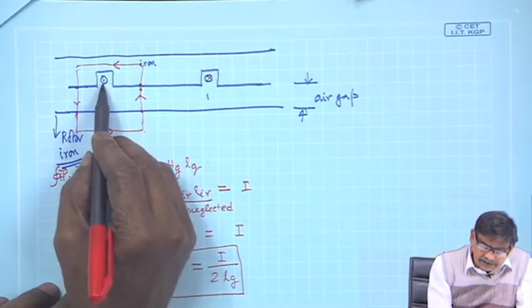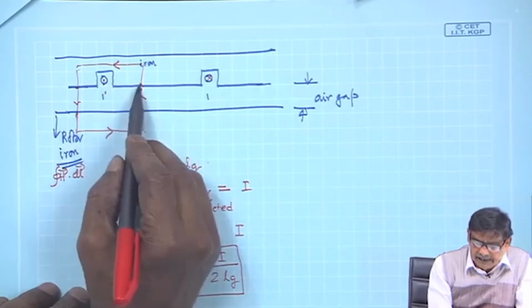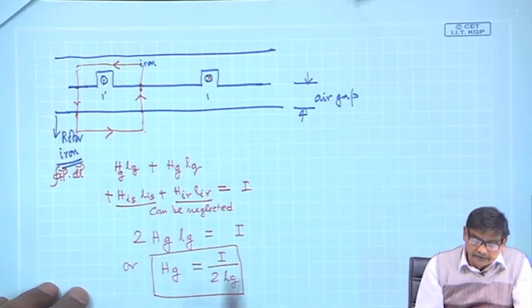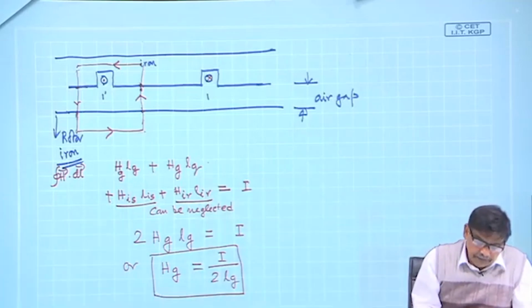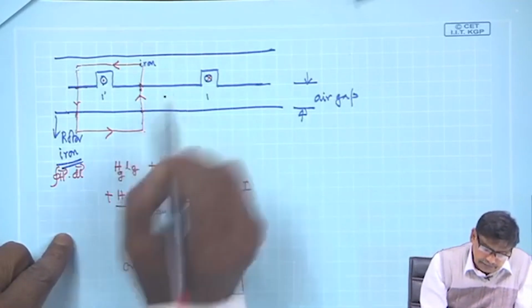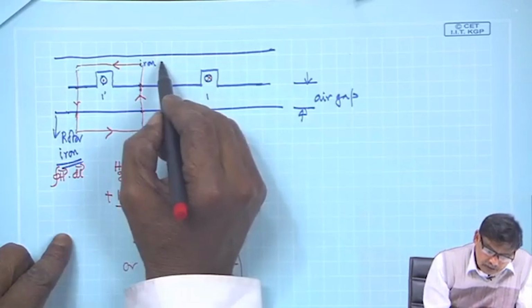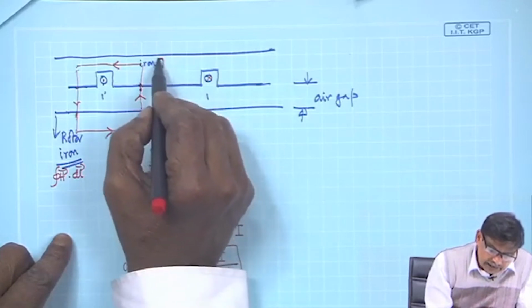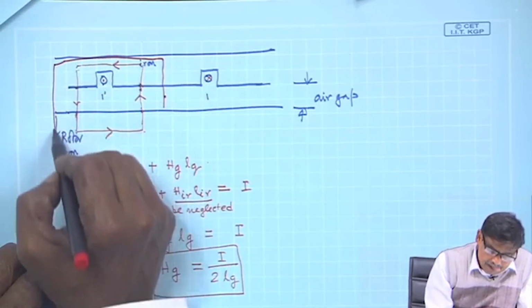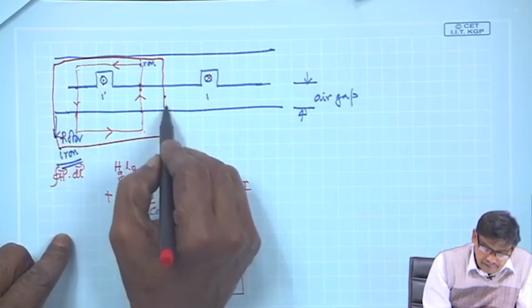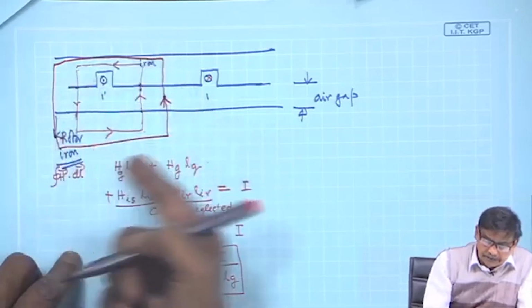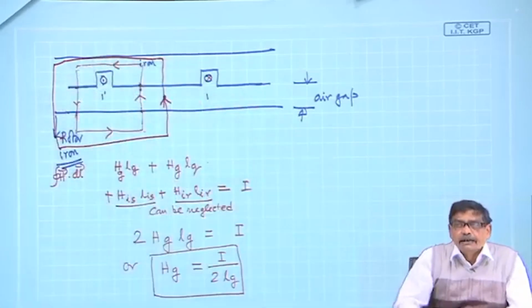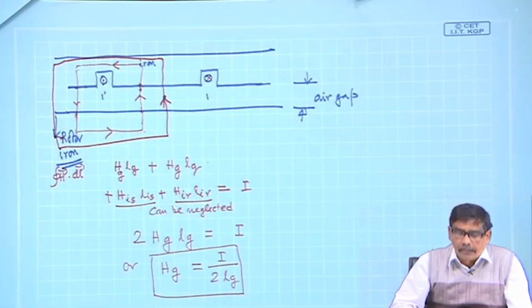So, at a given distance from this point, say x, this is the field. What about at this point? At this point, what is the value of H? Oh, you then consider another lines of force here. And repeat this calculation Hg Lg, but once again current enclosed is same.